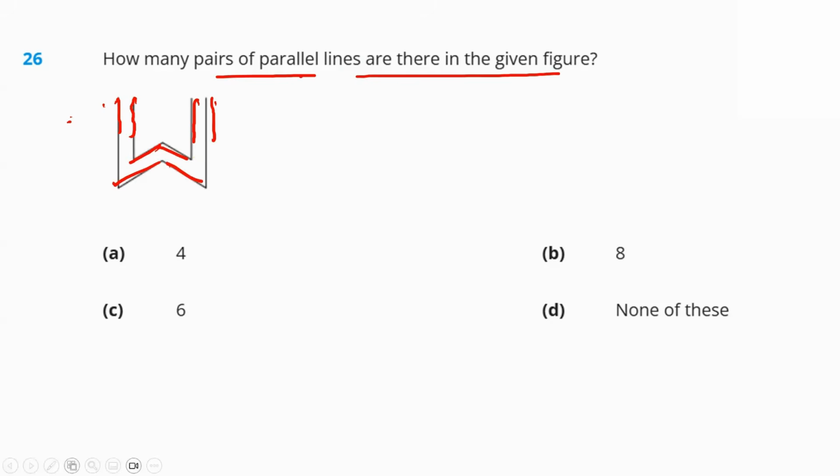Now, if we check further, aren't the lines on top related, like this one? This one is parallel to this. That's the fifth pair. And again, this one is parallel to this one also. So 6th pair. Similarly, the inner line is parallel to the opposite side inner line, 7th pair. And this one again parallel to the outer one, 8th pair. So 8 pairs of parallel lines are there in this given figure.